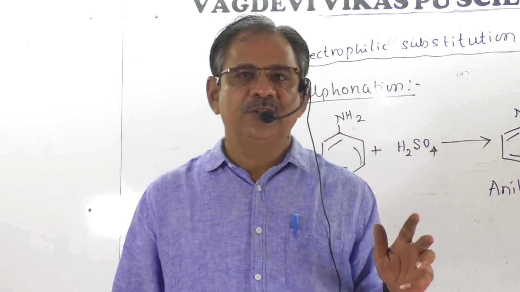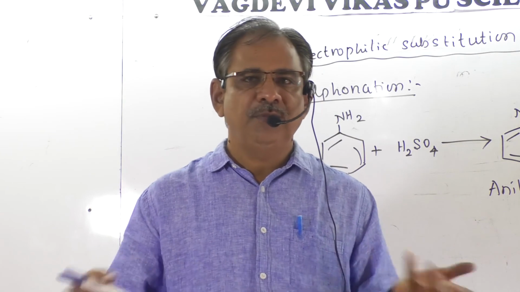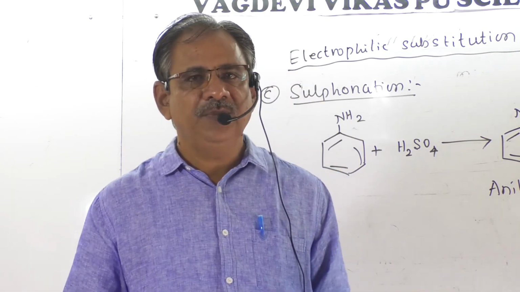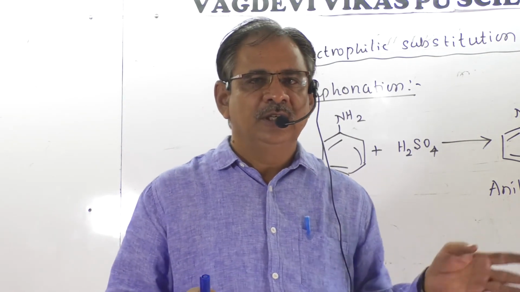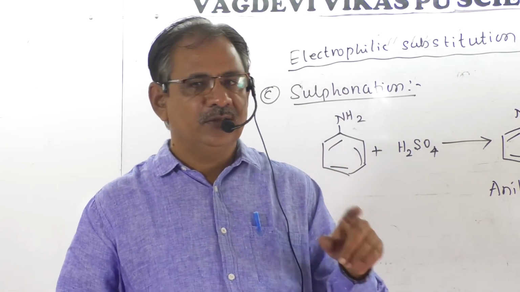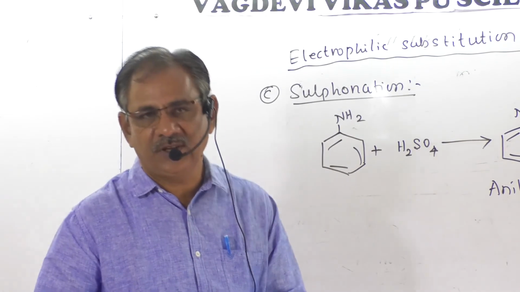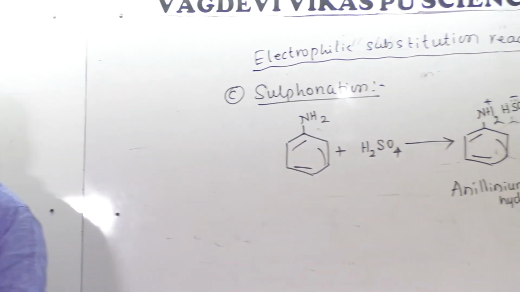That benzene diazonium chloride has vast applications in organic chemistry. It is used to prepare so many organic compounds. So we will discuss it in the next class. Thank you.